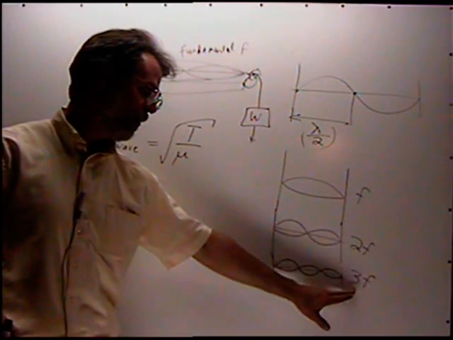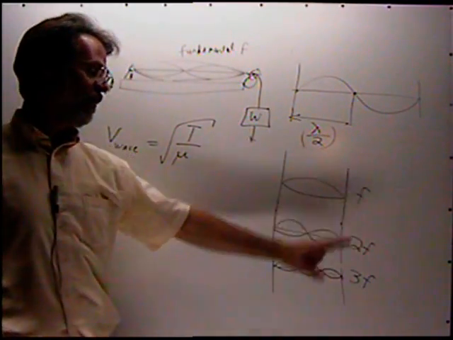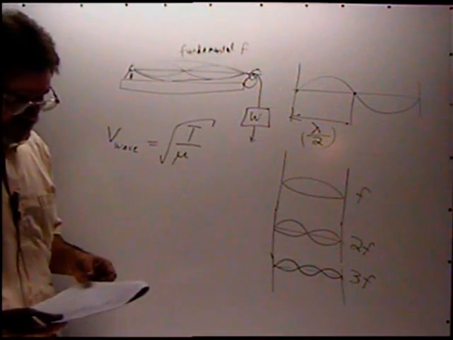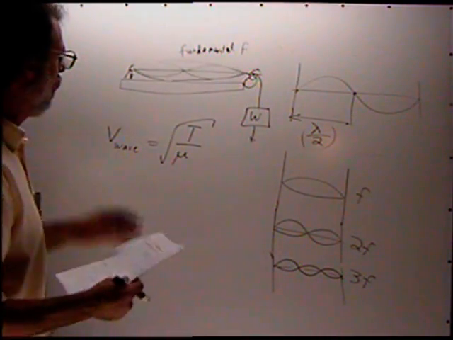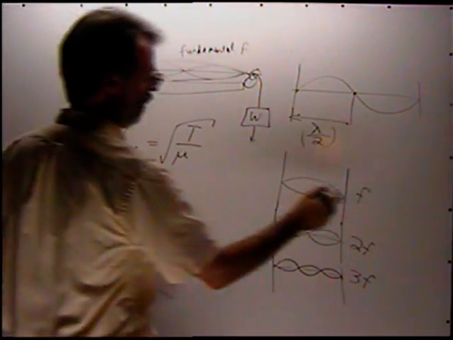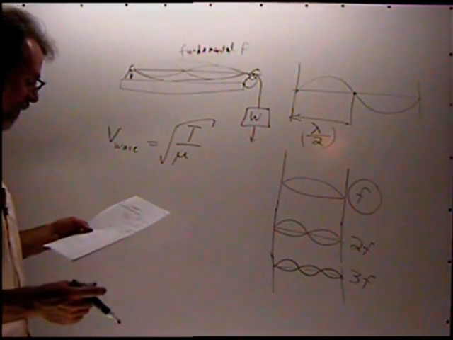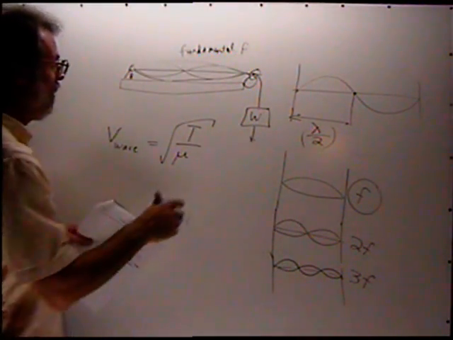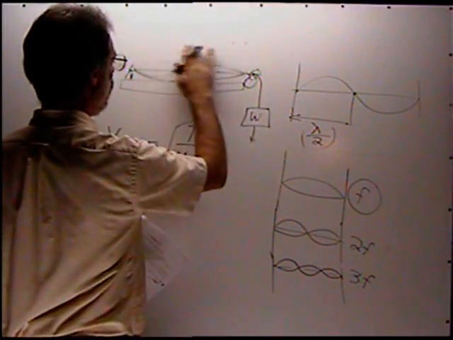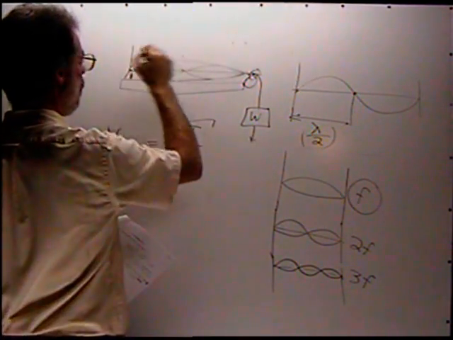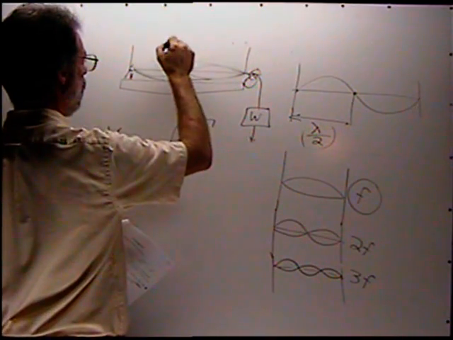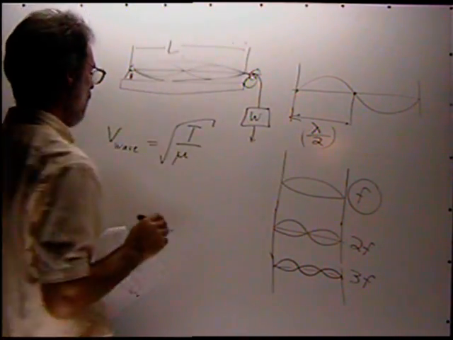The third harmonic is 3 times the fundamental frequency. But in this lab we're only going to be dealing with the fundamental. And so this length, from here to here, we're going to measure that.